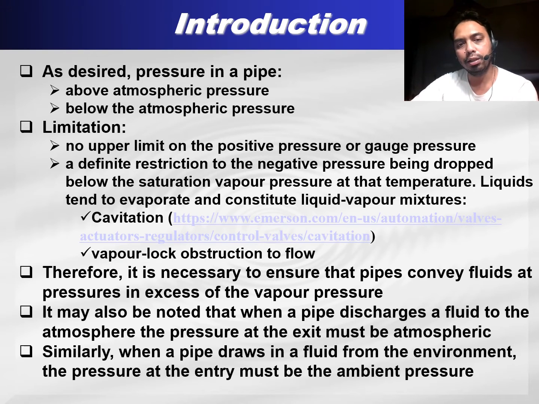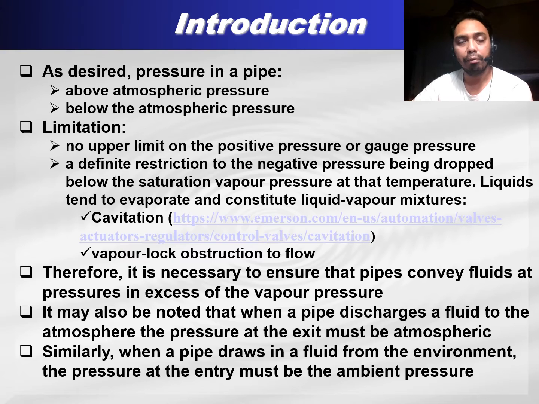So the point is when the pressure in a pipe drops below the saturation vapor pressure of the fluid, for example water, then the water will become vapor and the water vapors can burst and then create a pressure shock wave and also a microjet of the liquid water that can attack the mechanical component.